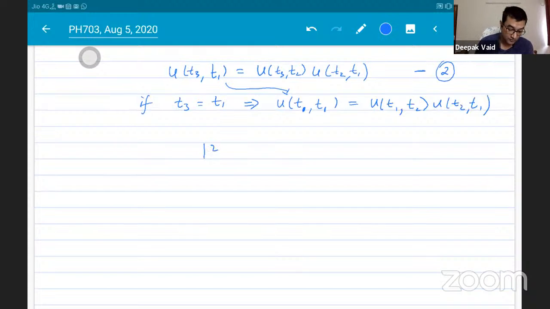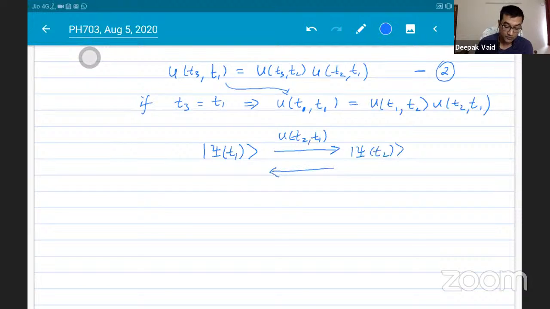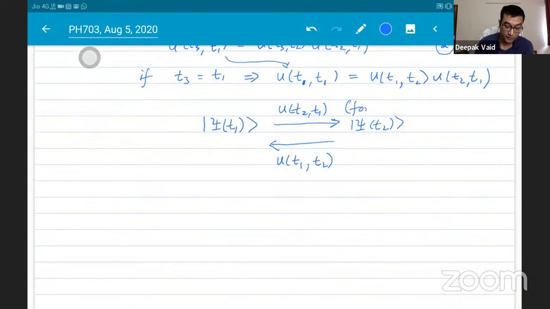Now, what is U of T2, T1? This is the operator which takes me from psi at T1 to psi at T2. What will be U of T1, T2? U of T1, T2 will be the operator which takes me in the opposite way. So if you think of this as time evolution, then this guy is forward time evolution.